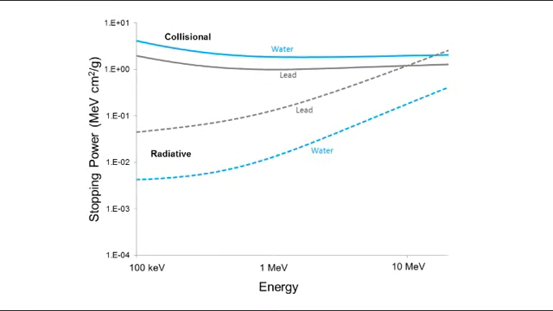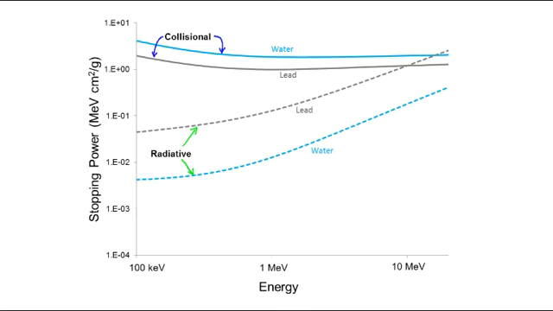Putting this all together, here is the plot for these dependencies. I want you to spend a few minutes staring at this and becoming familiar with it. First of all, you've already seen these two lines. These are the radiative stopping power losses, and remember that it depends on Z and increases with Z. Now these two curves up here are new ones, and these are the collisional losses that we just talked about.